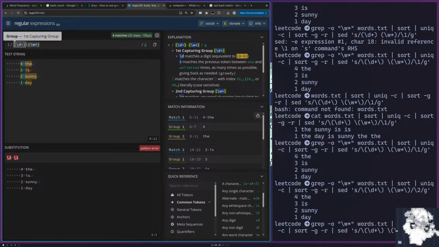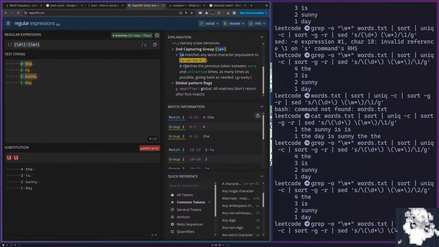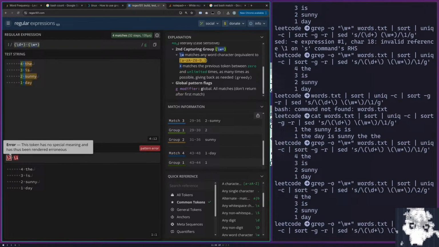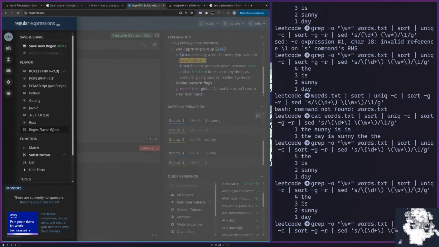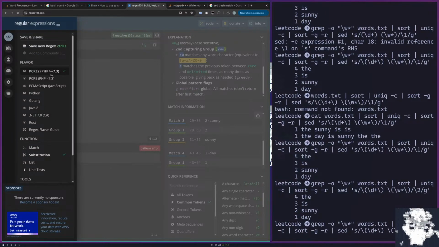Don't I have two capture groups? Is this because it's not using sed syntax or something? Sed is not one of the choices here.